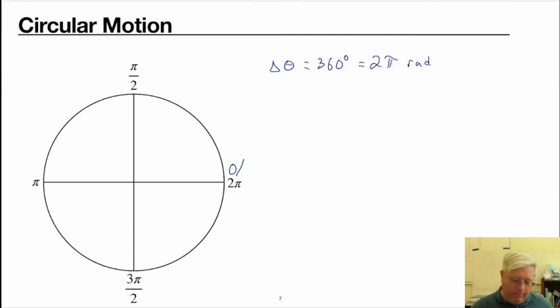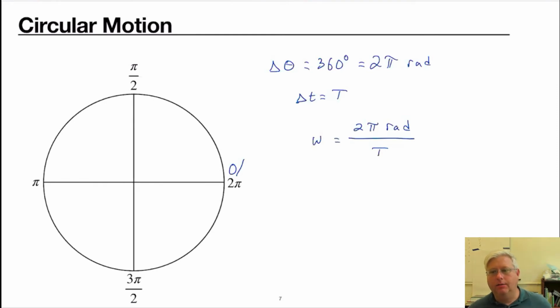Okay, and then the time interval we described as the period, capital T. So we can actually describe this angular speed, right? Before we learned about tangential speed. Now we can really define the angular speed. So we can say it's the displacement, 2 pi radians, over the period.